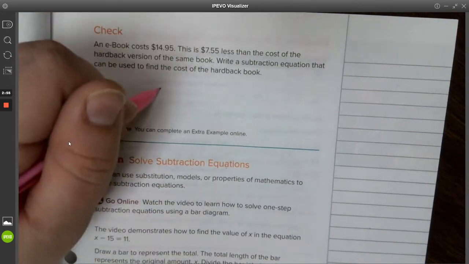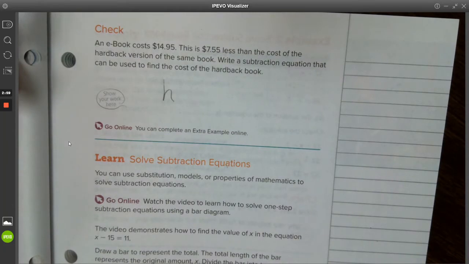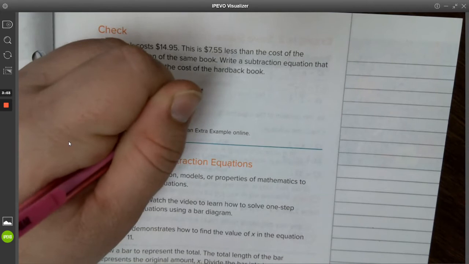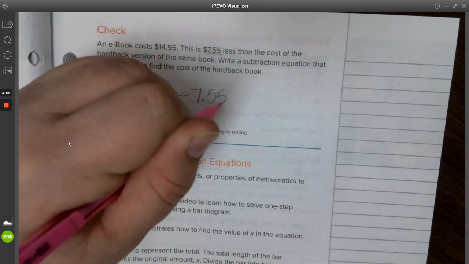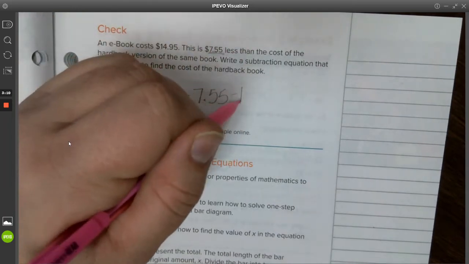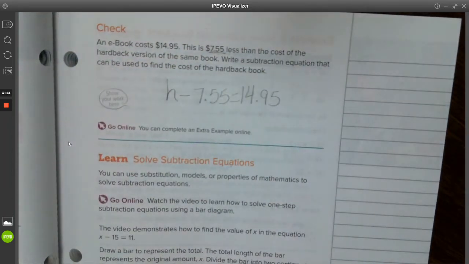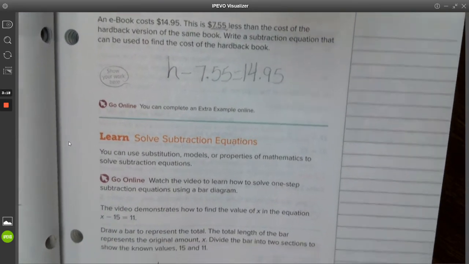Now, I am going to use the variable h to represent the cost of the hardback book. I'm starting with my variable here. I am subtracting how much less than a hardback book it would be, $7.55, to get the total of $14.95. So this would be our equation that we would write to find the cost of the hardback book.